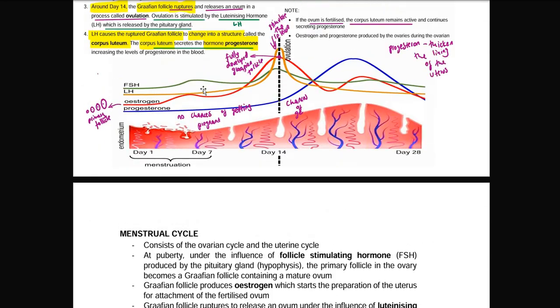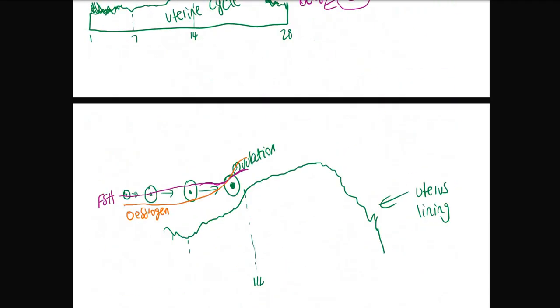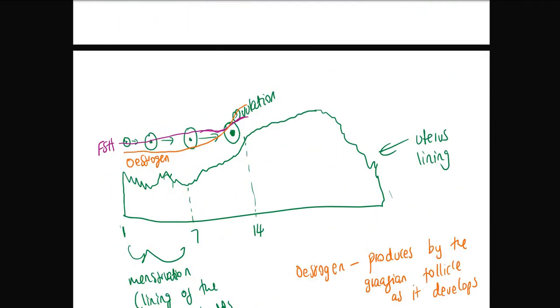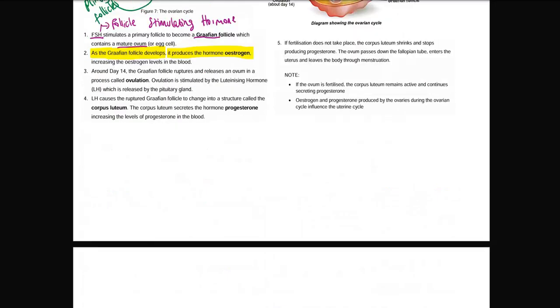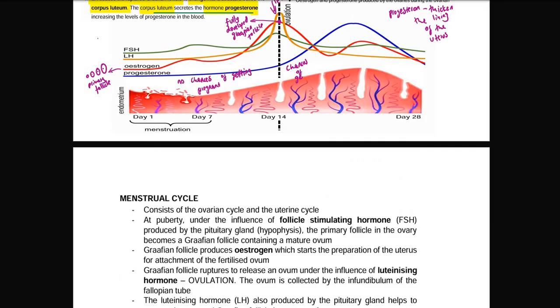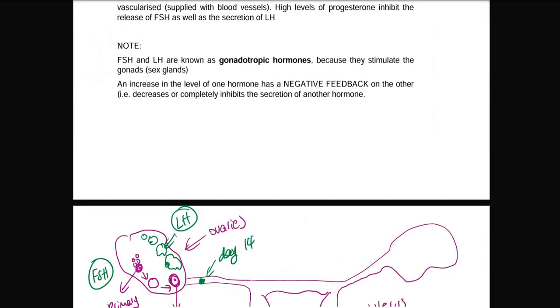The levels are low, then they become the highest during ovulation. So we'll have luteinizing hormone here. Okay, I have estrogen, I have FSH, luteinizing hormone.